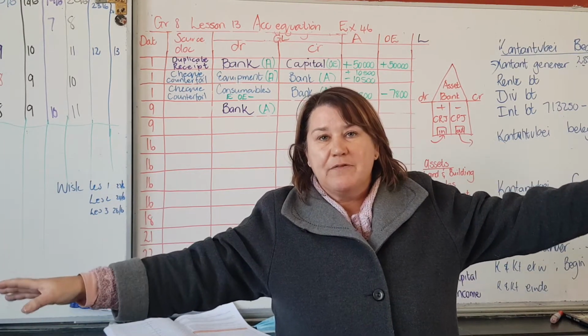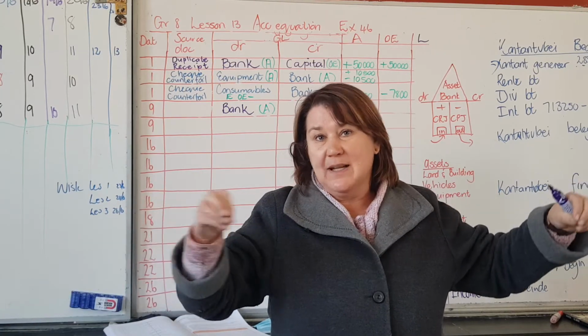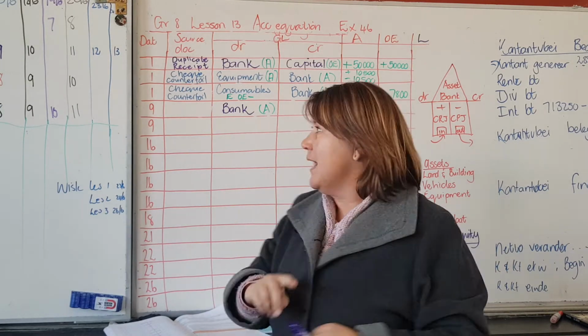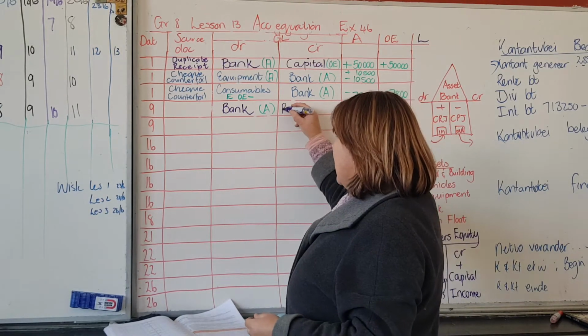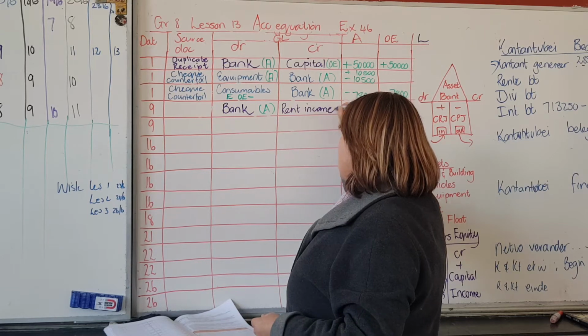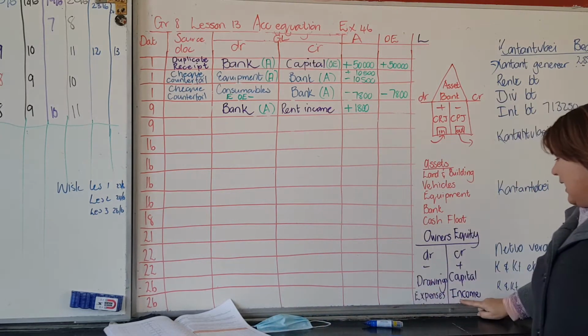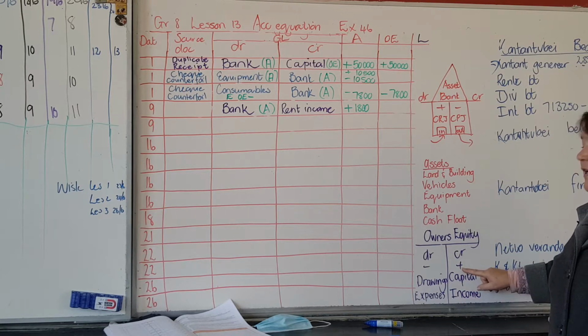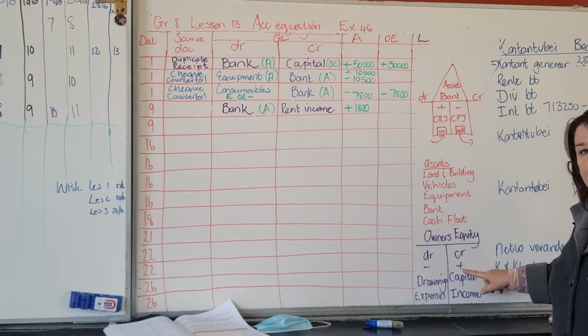Why did you receive money? From whom? From your tenant. So you've received rent income, and your rent income account will be credited because an income is owner's equity, and an income increases your owner's equity because it increases your profit.